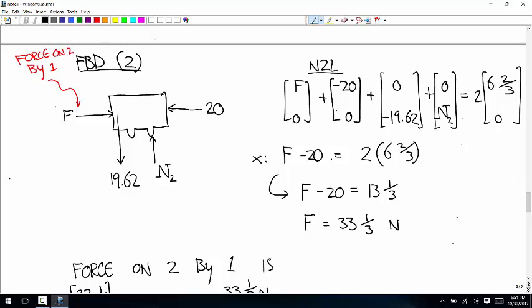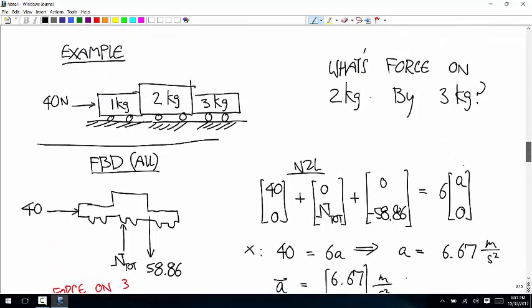Now, instead of doing all that, I guess you can think of it as all of that applied force is 40 newtons pushing it this way. And this is sort of a loose way to think about it, but a little bit of that force is required to accelerate each one of these.